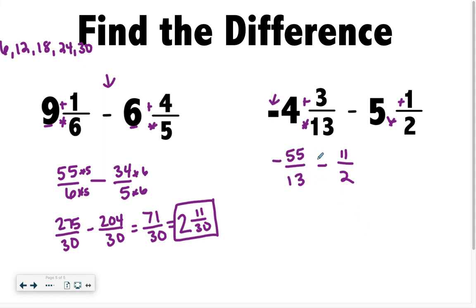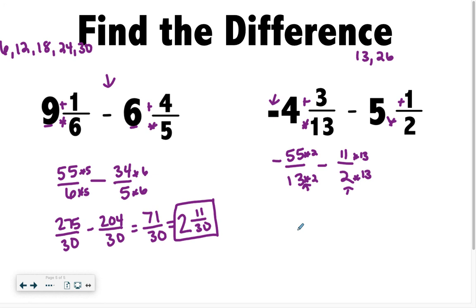All right, now we're going to add that together. So I have a negative 55. Oh, we're not adding it together yet because I don't have a common denominator. So 2 does not go into 13, but if I change the 13 to 26, that's an even number, so 2 goes into it. So I'm going to multiply top and bottom by 2, and I'm going to multiply top and bottom by 13 over here.